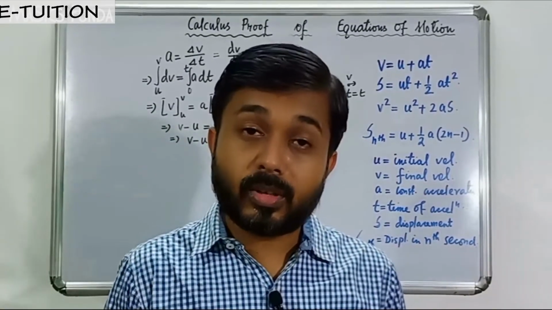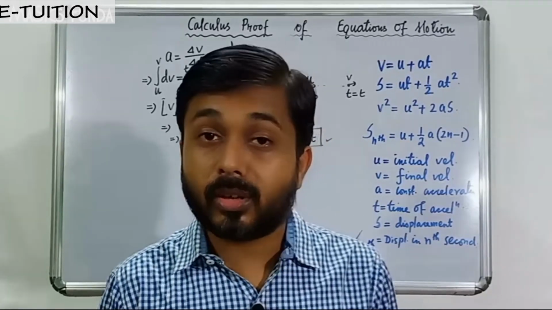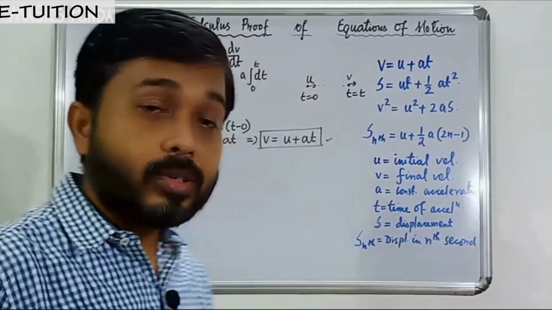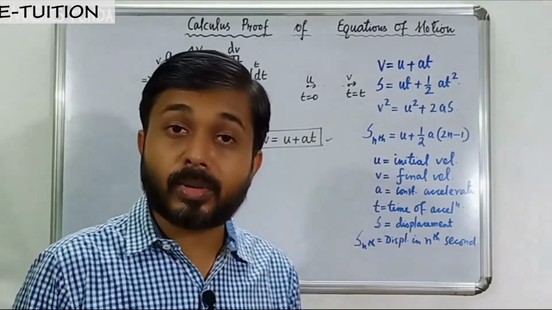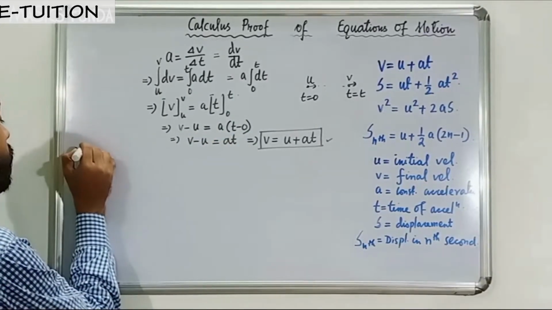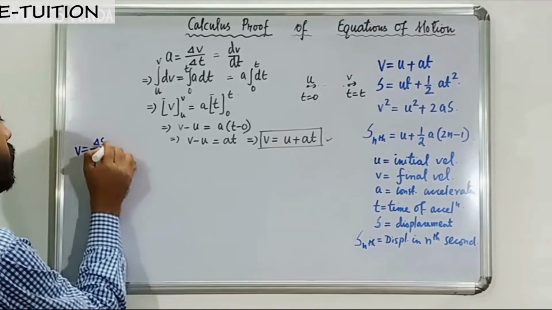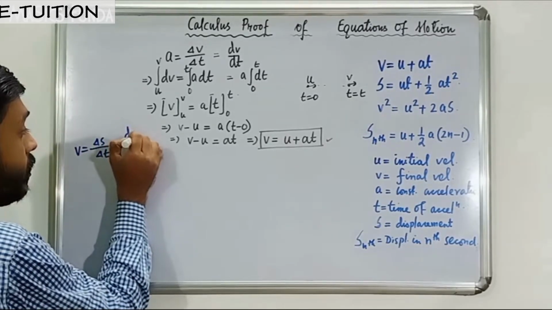Now in order to prove the second equation of motion, we need to start with the definition of velocity. Velocity is defined as the rate of change of displacement with time, means v equal to delta s by delta t, that in the language of differentiation is ds by dt.